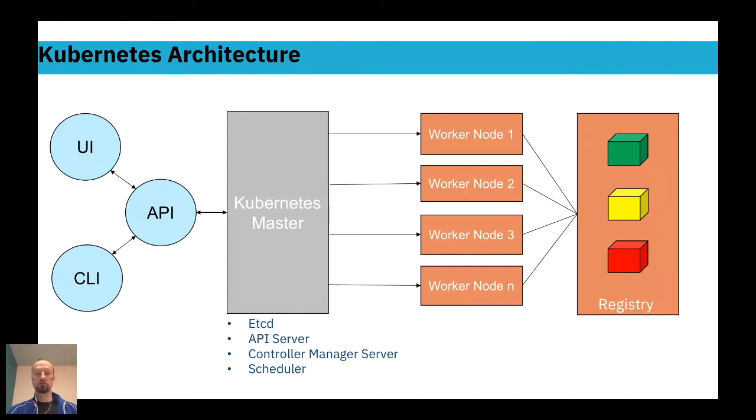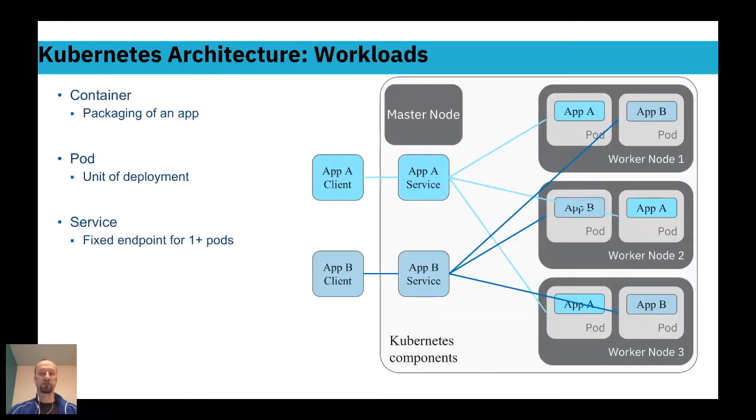And then you would have various nodes that would be deployed or removed according to the rules being defined by the Kubernetes master, which is controlled by a command line interface and user interface. So you'd have specific ways to manage your environment.